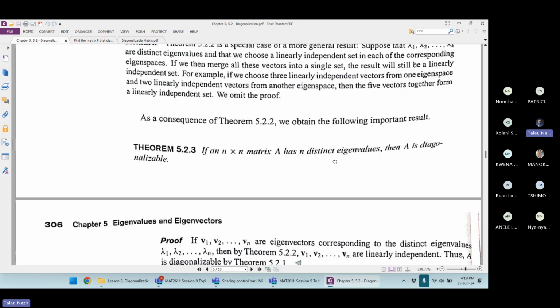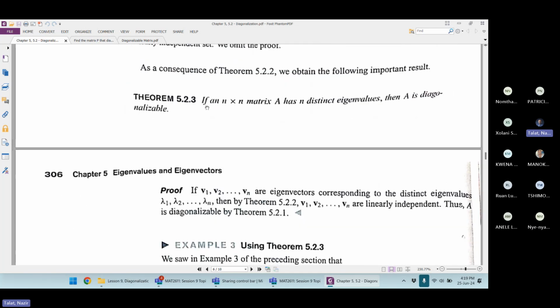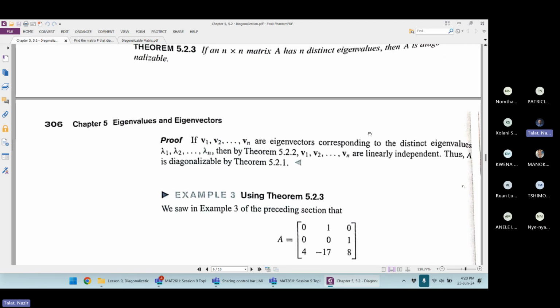And here there is one useful result: if A is an n cross n matrix that has n distinct eigenvalues, like all eigenvalues are different, suppose there are three eigenvalues 1, 2, 3, all different, then this matrix A must be diagonalizable. Why? Because if they have distinct eigenvalues, then they must have independent eigenvectors. And with these independent eigenvectors, you can generate a matrix P with P1, P2, and P3.